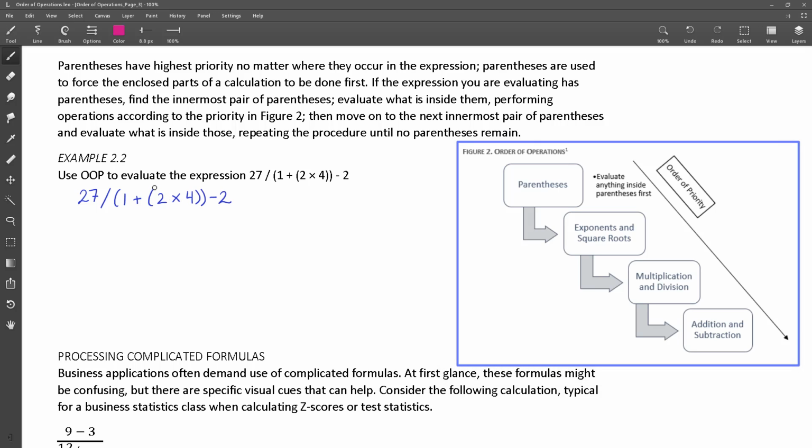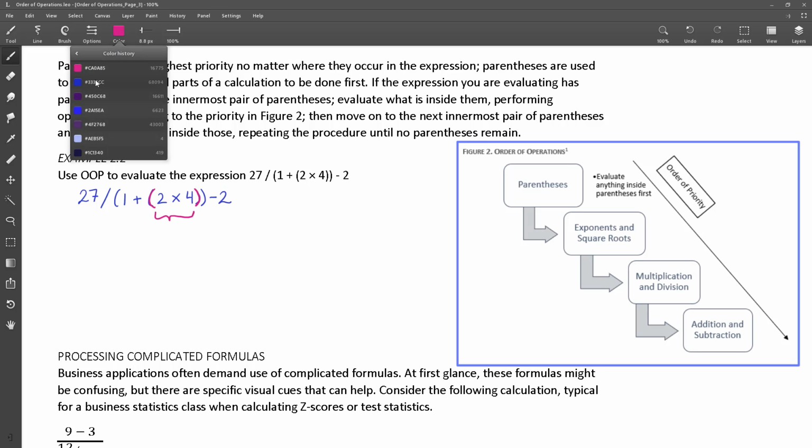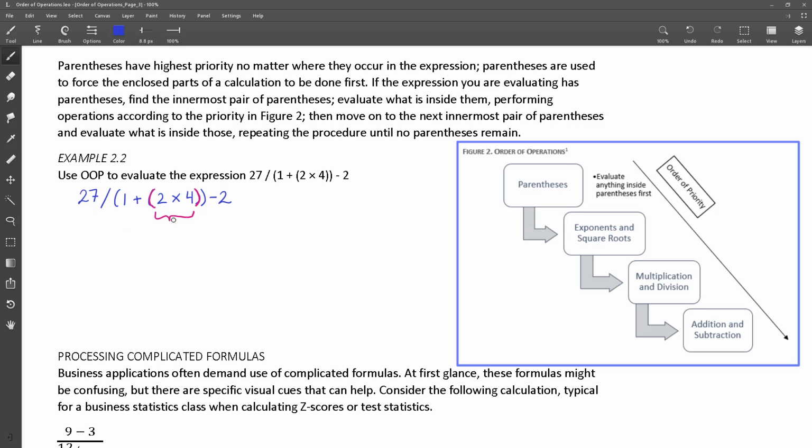So let's do that. The innermost set of parentheses are these, enclosing the 2 times 4. So that is going to be the first expression we're going to deal with in evaluating this entire mathematical expression. 2 times 4 equals 8. So now we have 27 divided by, open parentheses, 1 plus 8, close parentheses.